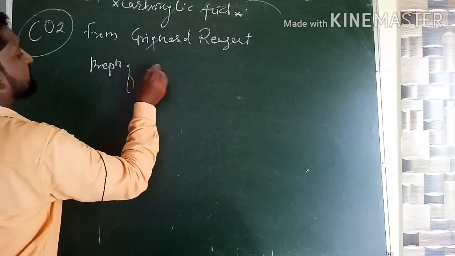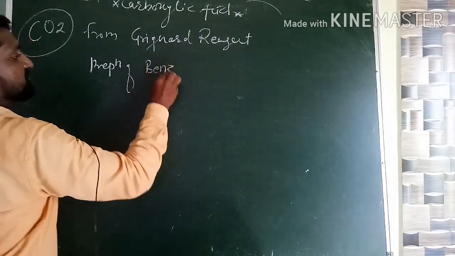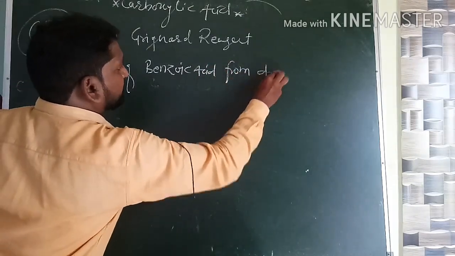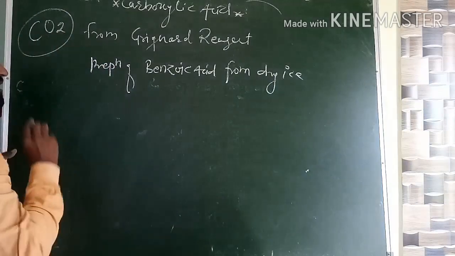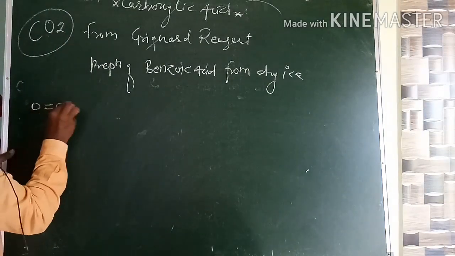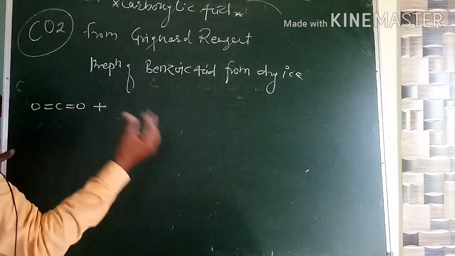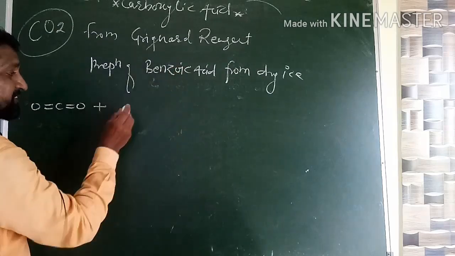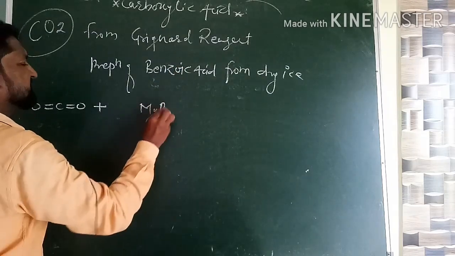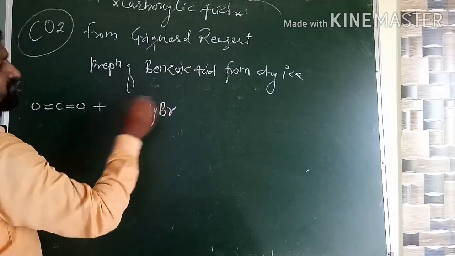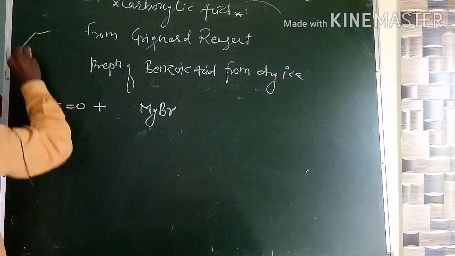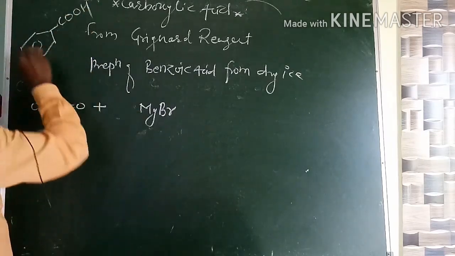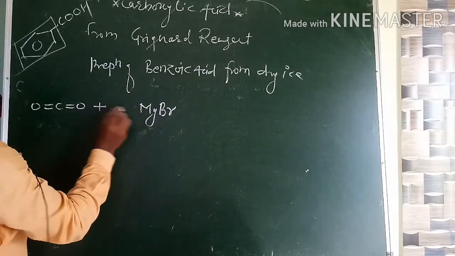Preparation of benzoic acid from dry ice. Now everybody see here, this is common. Now how to choose the required Grignard reagent, MgBr, let us take. We want benzoic acid. What is the structure of benzoic acid? So in the Grignard reagent we want this part, therefore right here.